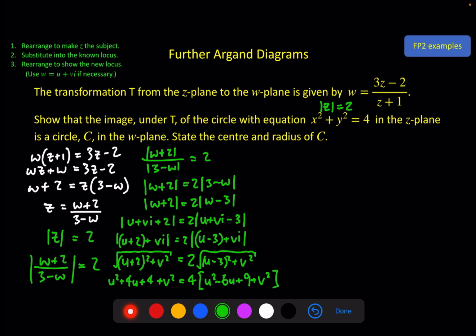Now we need to expand this bracket, rearrange things, and get a circle equation involving u and v. It does not look like the numbers are going to be very nice, but we'll follow through.